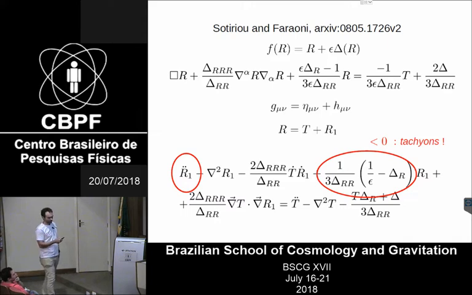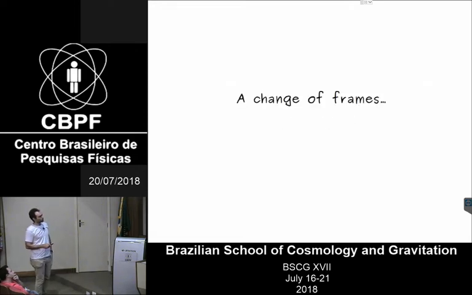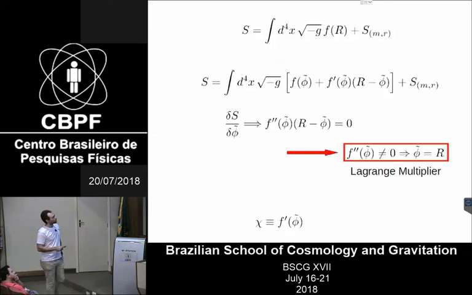But please remember that that relies on making a perturbative approach to GR, right? So let's change frames. I don't have time to go through all the details here, but let's do it quickly just for the sake of completeness. If we start with an f of R, we can rewrite this expression with a Lagrange multiplier. We define this tilde phi field, and with this Lagrange multiplier, that is equivalent to requiring that tilde phi is equal to the Ricci scalar.